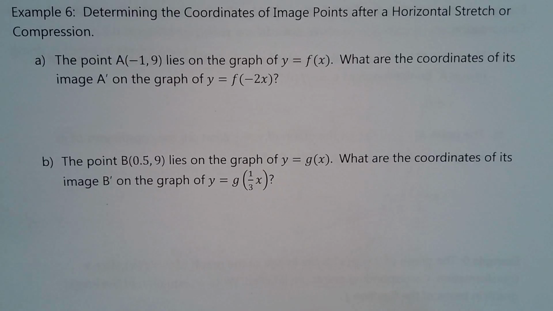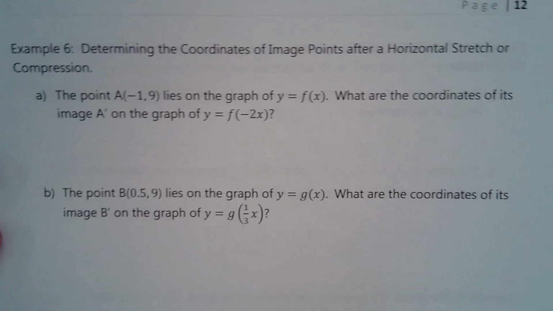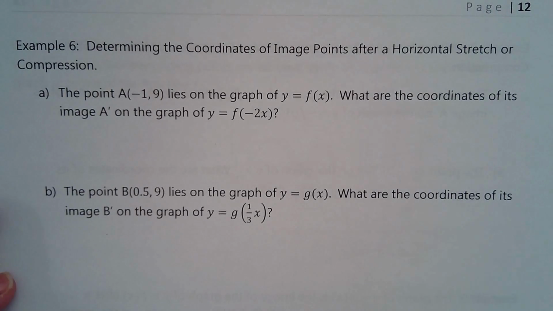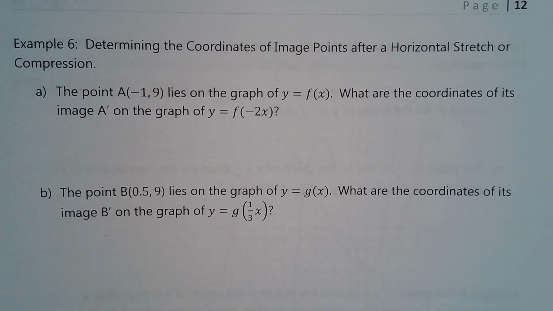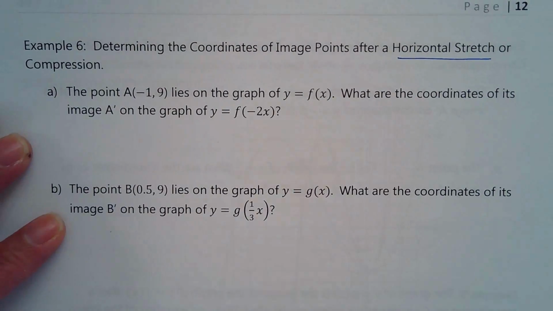Okay, we're gonna finish up example 6 and we'll pause and I'll give you some time to work on some questions before we carry on with others. Determine the coordinates of the image points after horizontal stretch or compression. This one is just horizontal only.